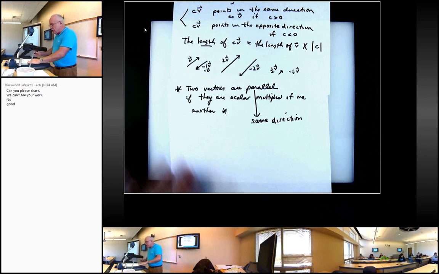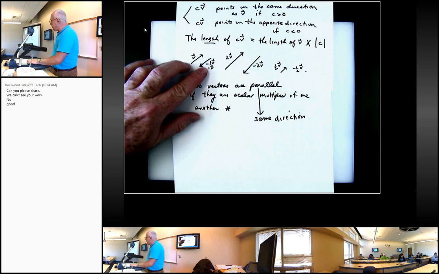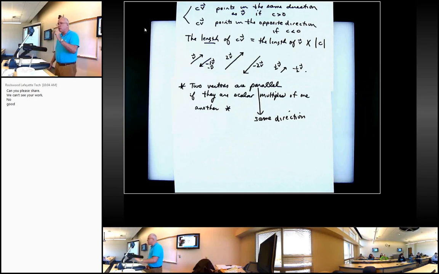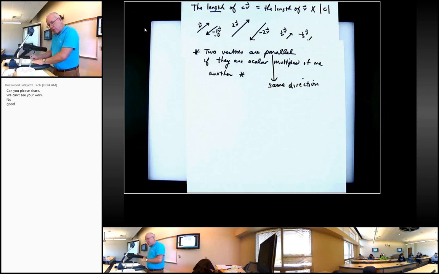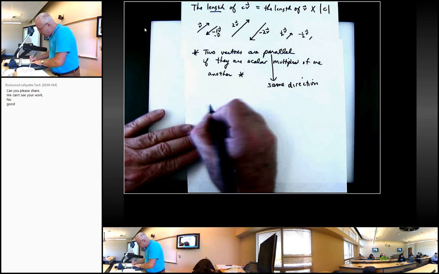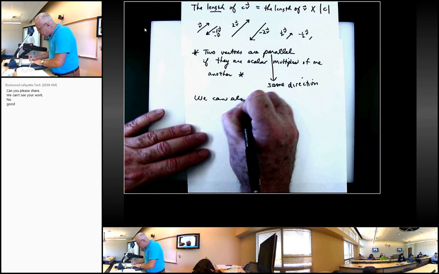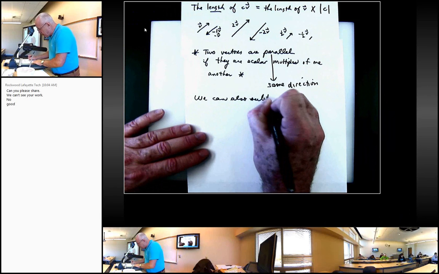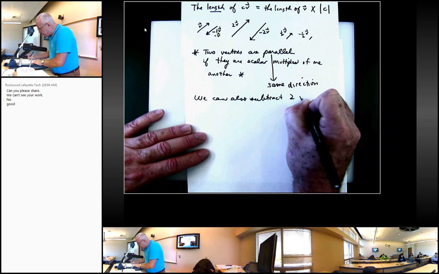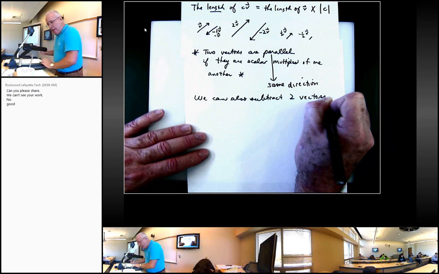Since we can talk about what minus v is, which is minus 1 times the vector, we can also now subtract two vectors.